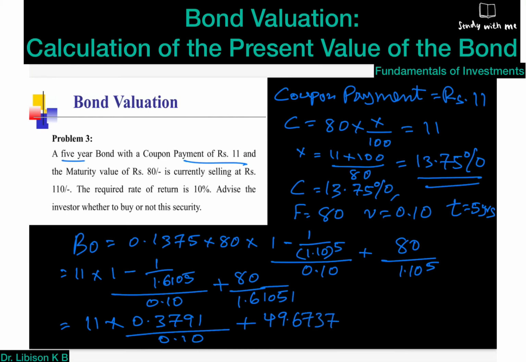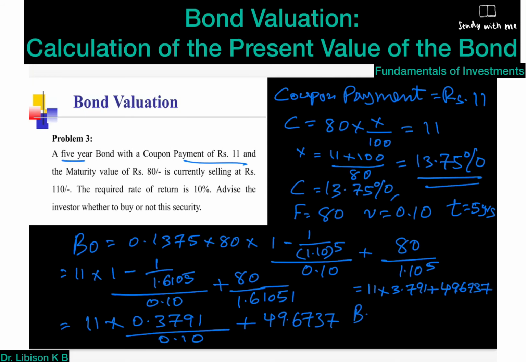So when we solve that, it is equal to 11 multiplied by 3.791 plus 49.6737.